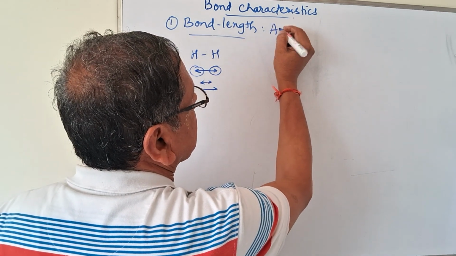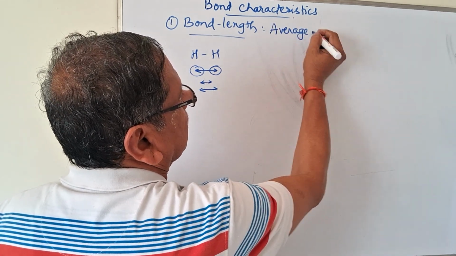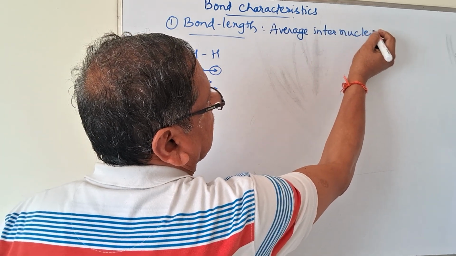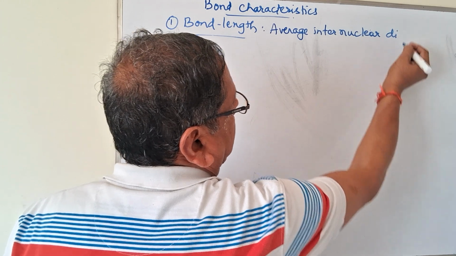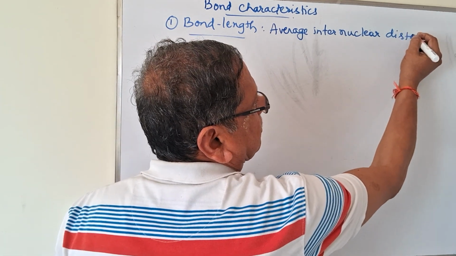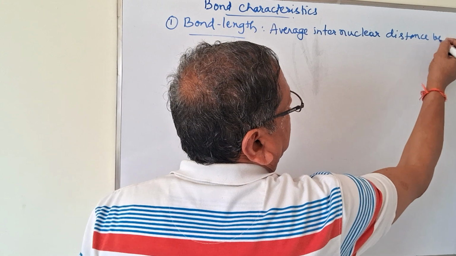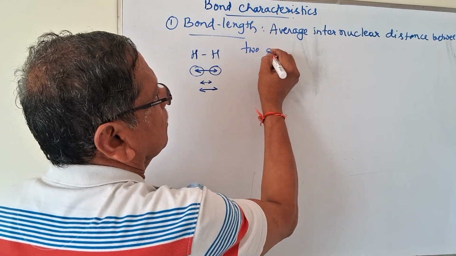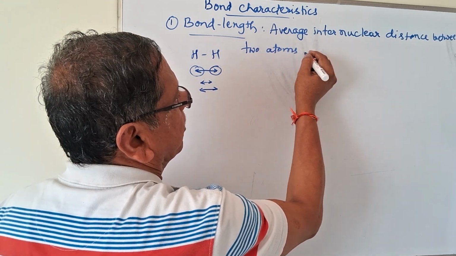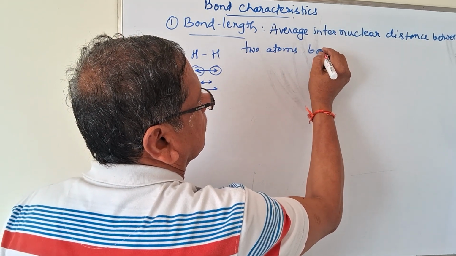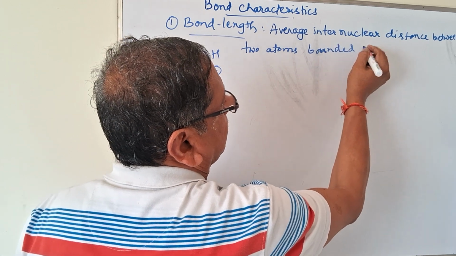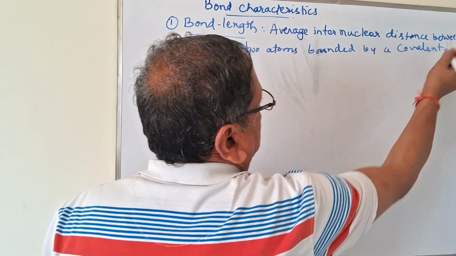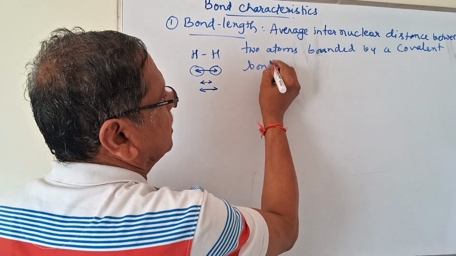So, the average internuclear distance between two atoms bonded by a covalent bond is called the bond length.